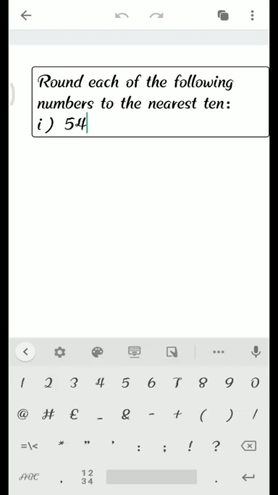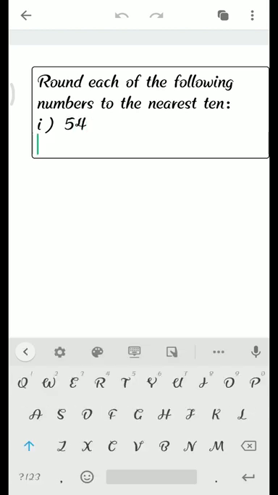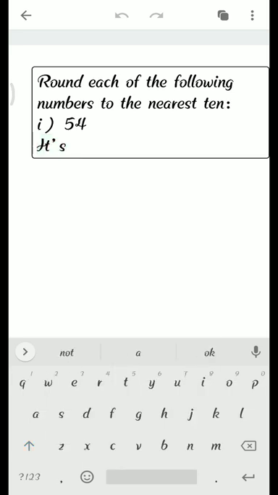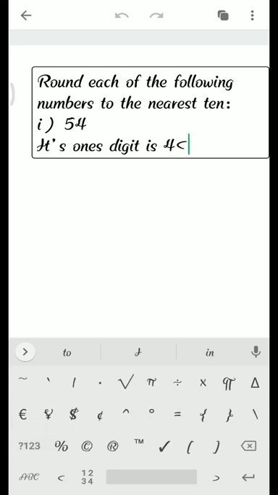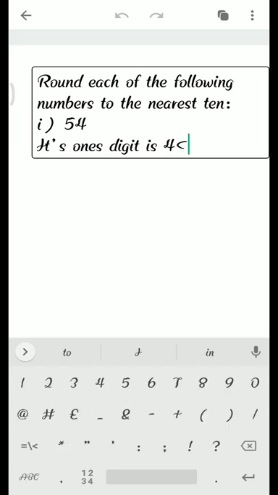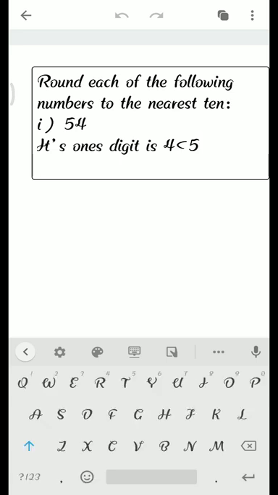We have 54. So we have to check the ones place. Its ones digit is 4, which is less than 5. If it's less than 5, then we check my second step.